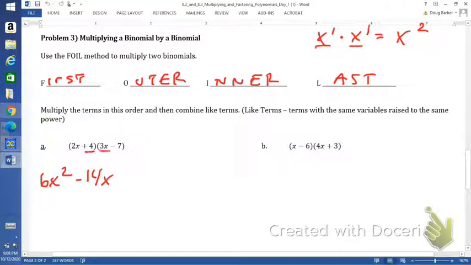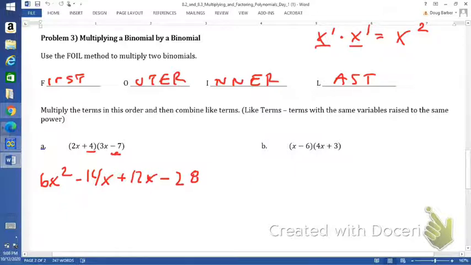So 4 and 3x. So that's going to give us a positive 12x. And then the last terms, 4 and negative 7, that's a negative 28.